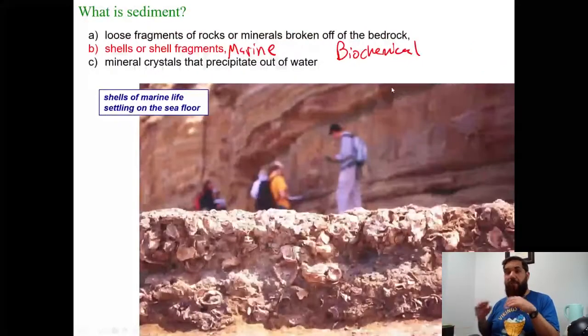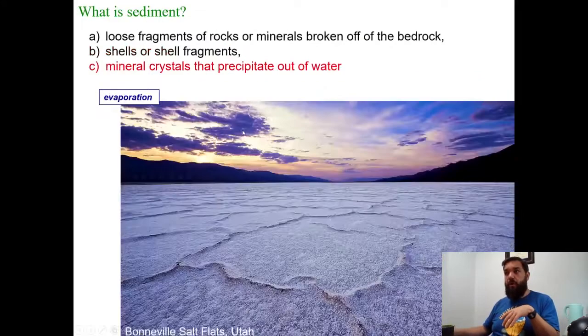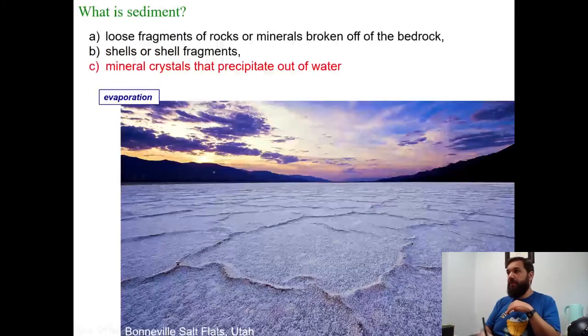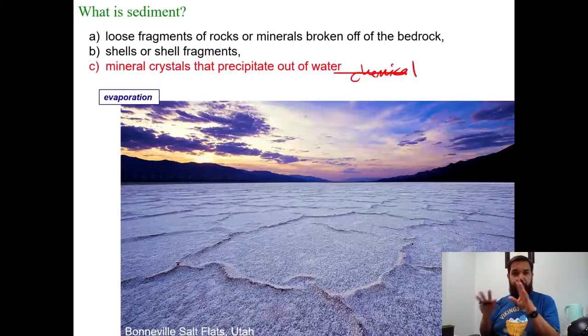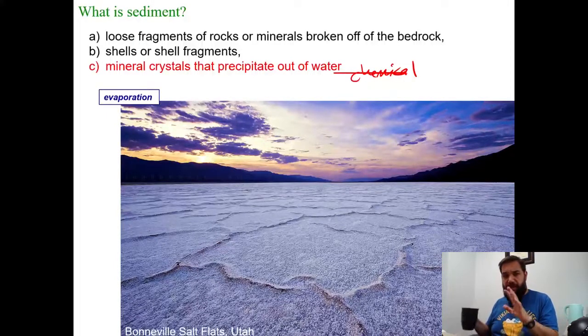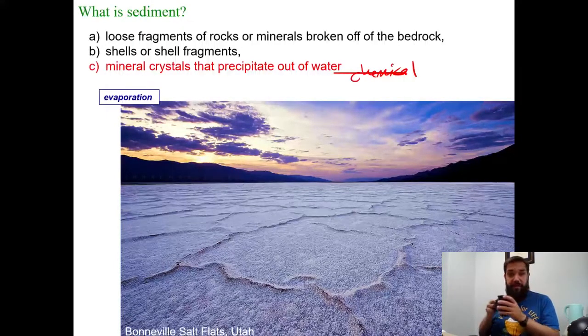You can have biochemical if it's forming from the shells of marine organisms. Or you can have chemical, I forgot to write chemical here, if it's forming from direct precipitates out of the water. The last thing you can have is organic matter, which forms organic sedimentary rocks. Okay. So those are the 4 categories of rocks and the 4 kinds of sediment that correspond to them.